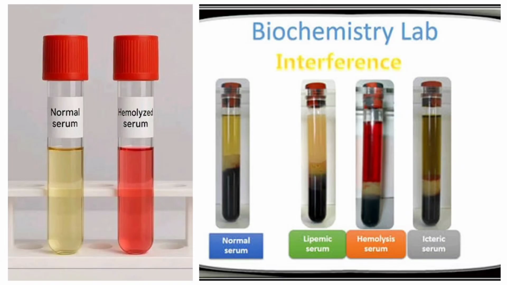Okay, so let's go again. When we are doing a calibration curve or standard curve, when we are trying to generate the linearity, what we are trying to do is to use a serum that is consistent with what is expected under normal condition.